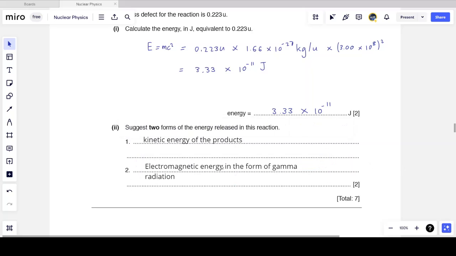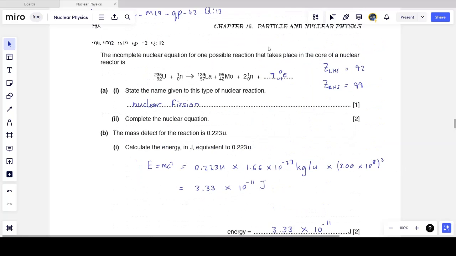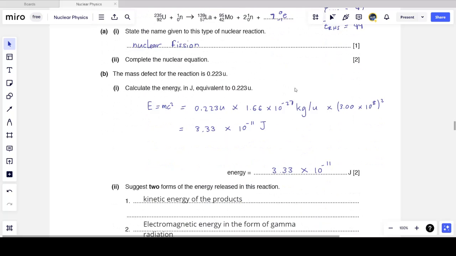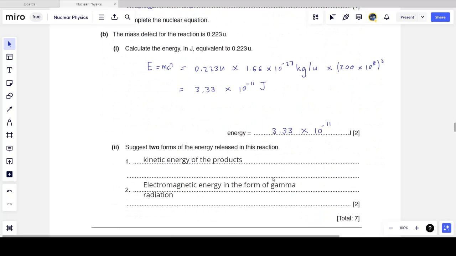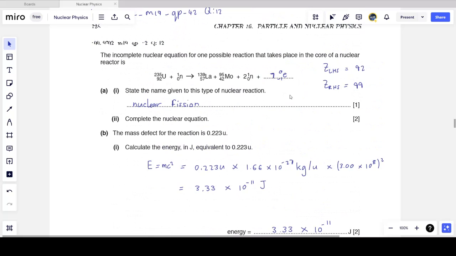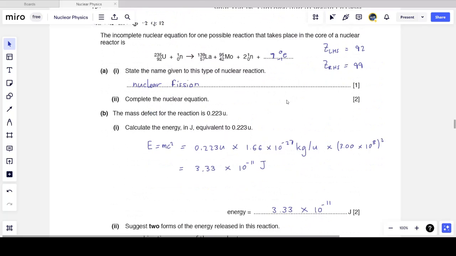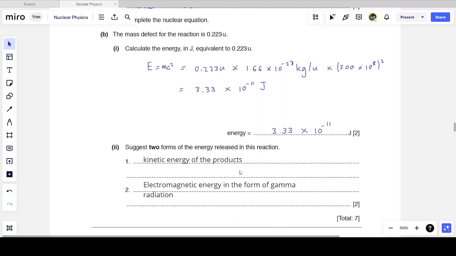We don't really need to see the gamma in this equation because gamma doesn't have an atomic number or a mass number. But it's possible that gamma radiation is released in this interaction, and so we have beta and gamma particles, making this a highly radioactive event. And so these are 2 possible forms of energy that is released in this reaction.